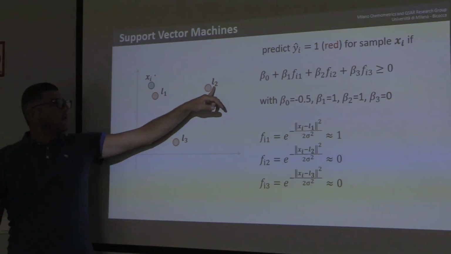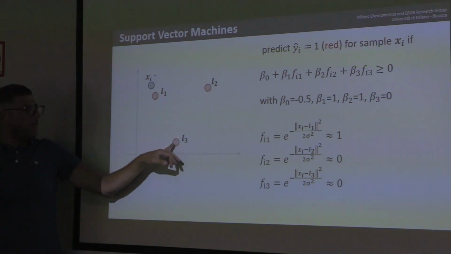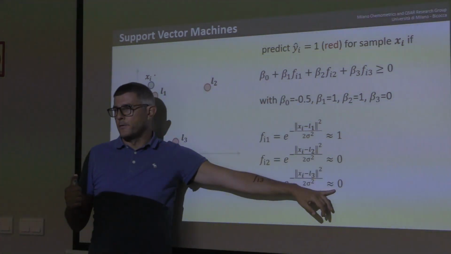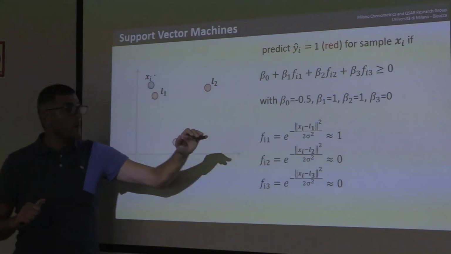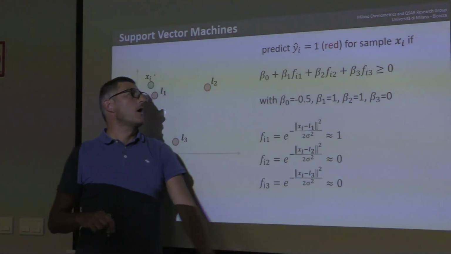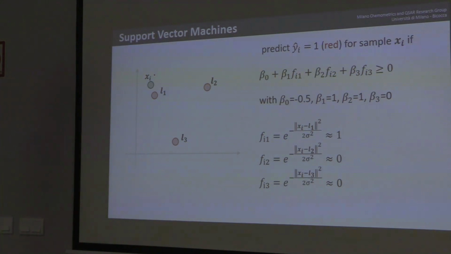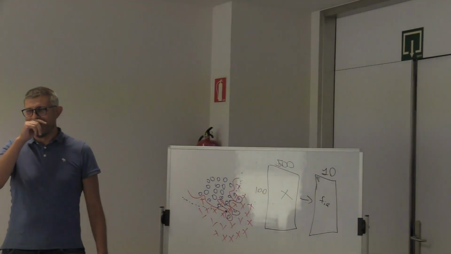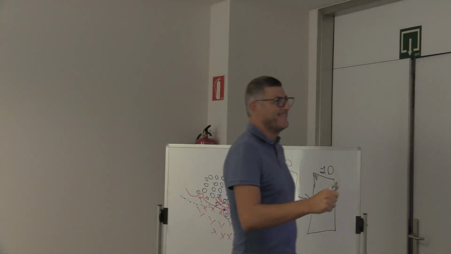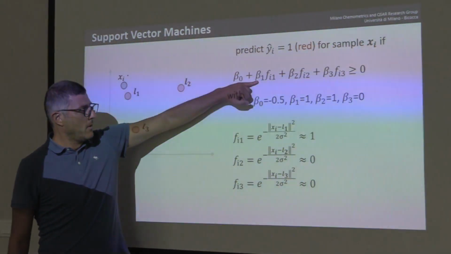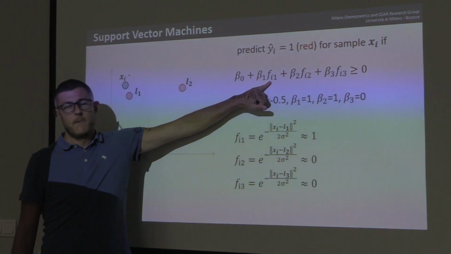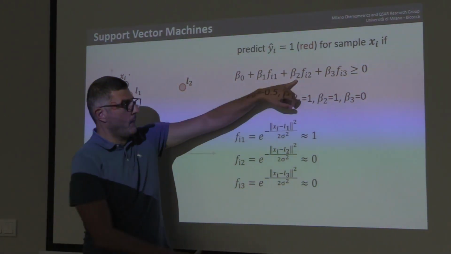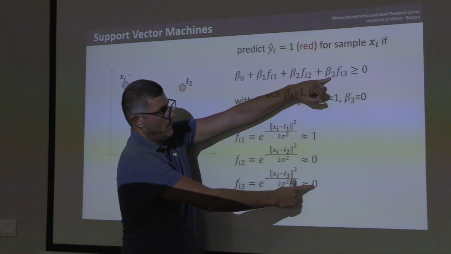The similarity with respect to landmark 2 and 3 will be close to 0, right? When we do the linear combination, what do we get? It is minus 0.5 plus 1 times 1 plus 0 plus 0.